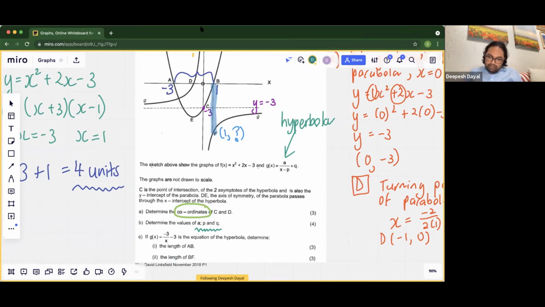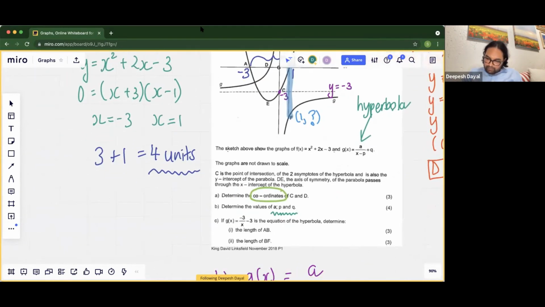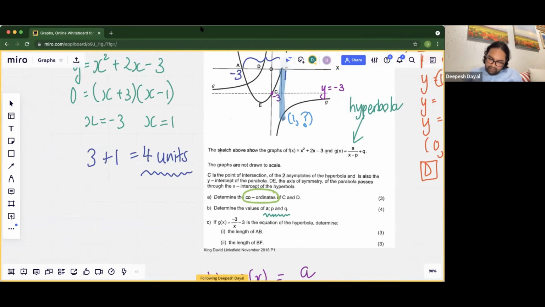Okay. So the answer is indeed 6. And why is that? This is why. BF is actually the y value of point F, right? So what we need to do is take the x value and plug it into the hyperbola equation, right?